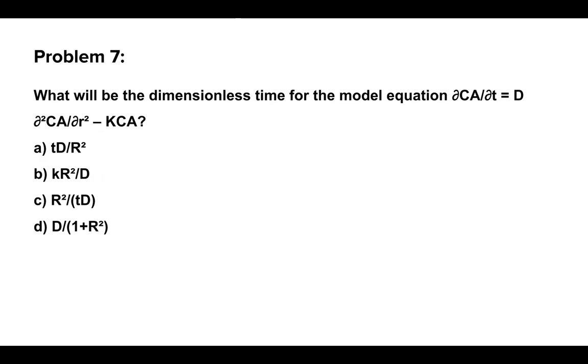What will be the dimensionless time for the model equation? We have the model equation that is given. How did we write the time parameter t?